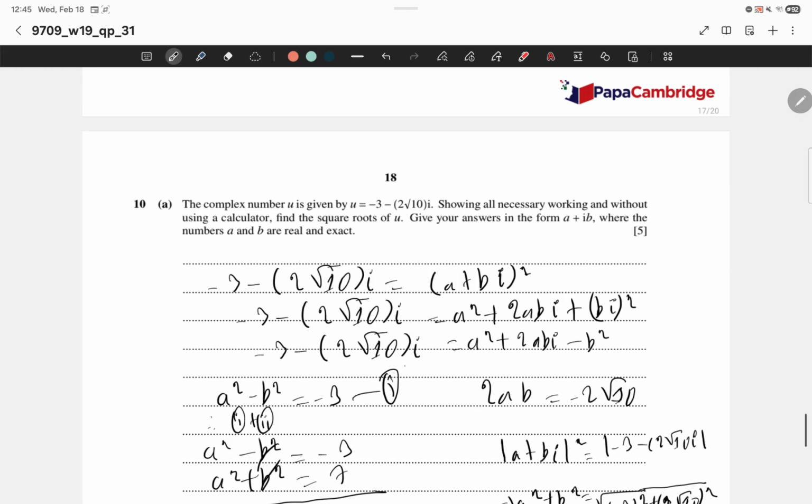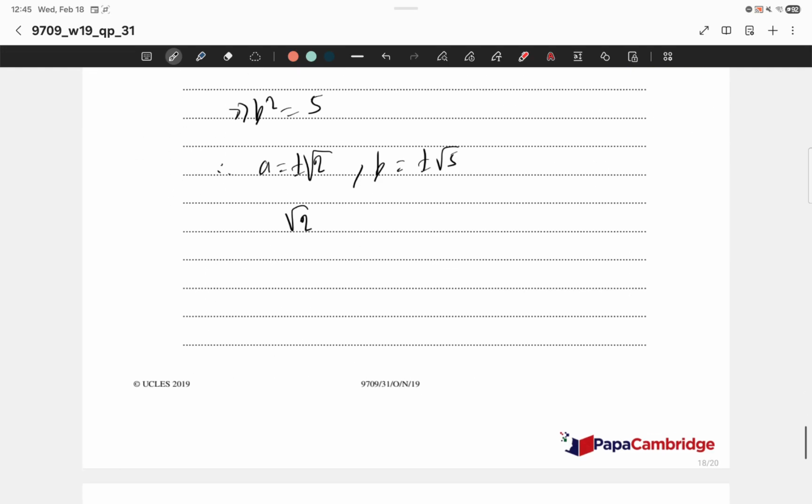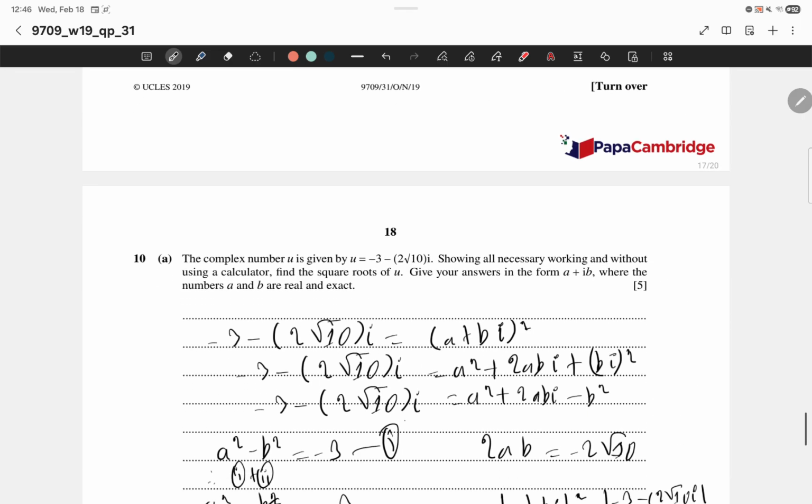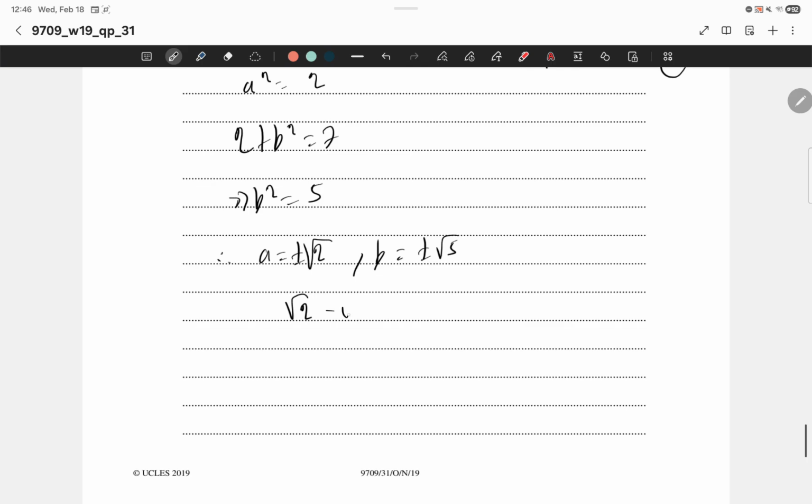So it's either root 2 minus root 5 iota, or minus root 2 plus iota root 5, if you want to give it in the exact form. Let's give it in the exact form. I think this way is acceptable, since it's actually a shortcut.